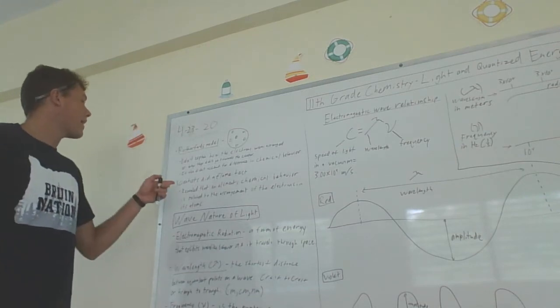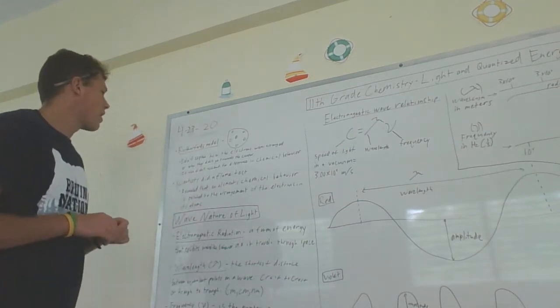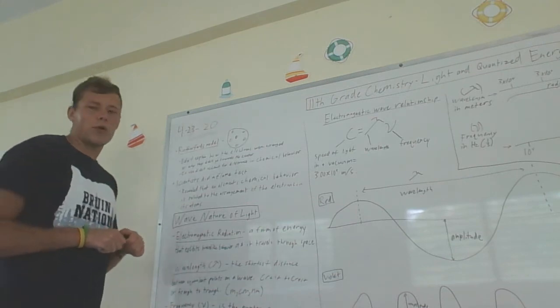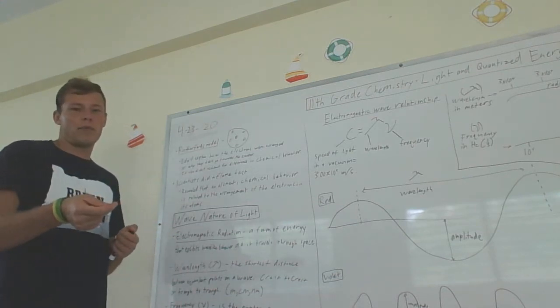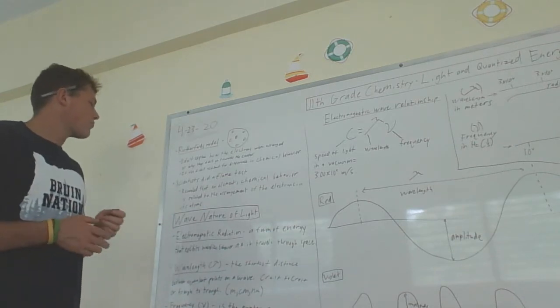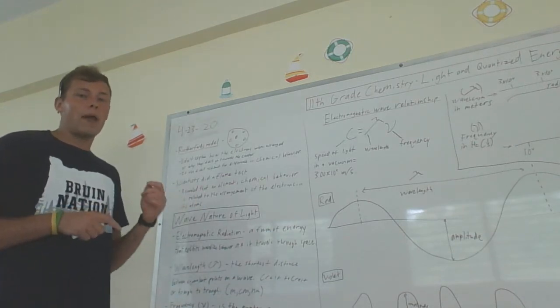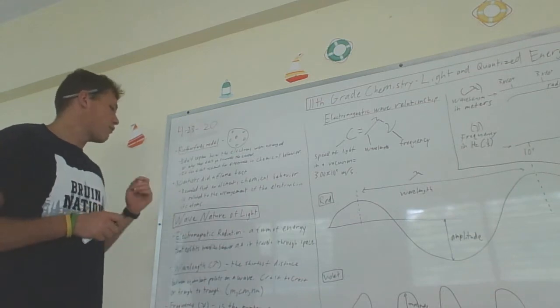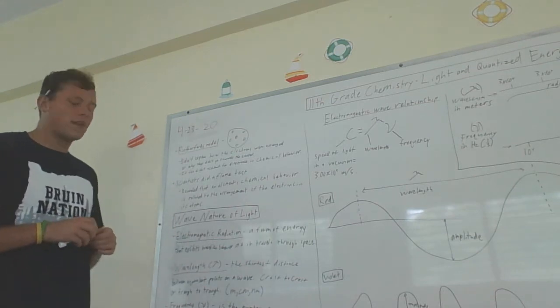And they did the flame test. The flame test is where you just put the element in fire. When they did that, what they saw was that the chemical behavior of elements is related to the arrangement of electrons in atoms.